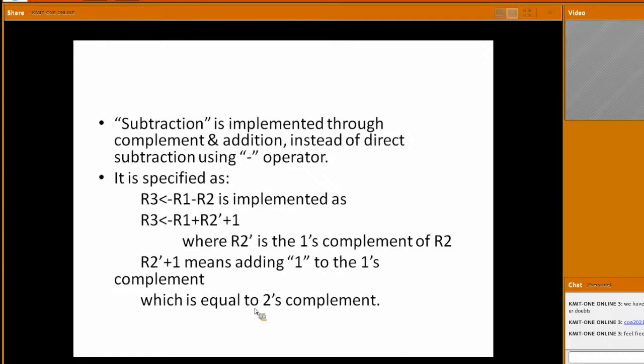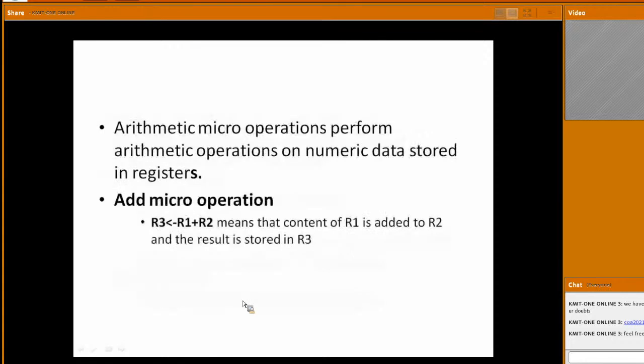I'll tell you how to calculate the 1's complement and 2's complement. Just remember that R2 bar is the complemented value, and R2 bar plus 1 means adding a single digit 1 to the 1's complement, which gives you the 2's complement of R2.